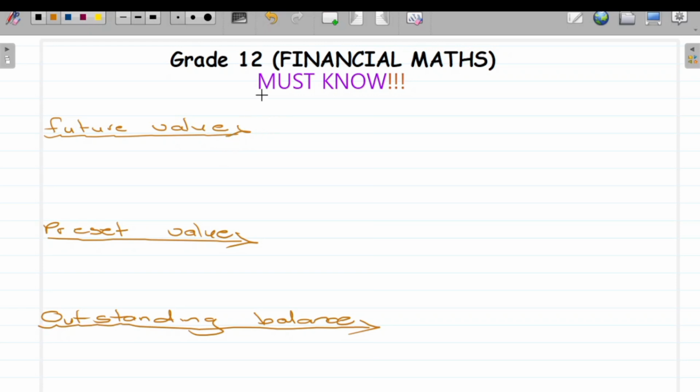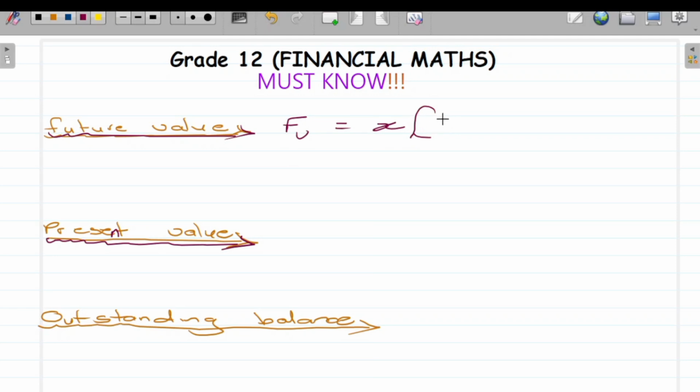So in grade 12, we have what we call the future value formula and then the present value formula. This, guys, is very easy. So I'm just going to brief you on the future value and the present value. The future value formula is pretty straightforward. So you will say FV for future value, right? And then here you have X. Okay, so I'm going to tell you what this is all about.